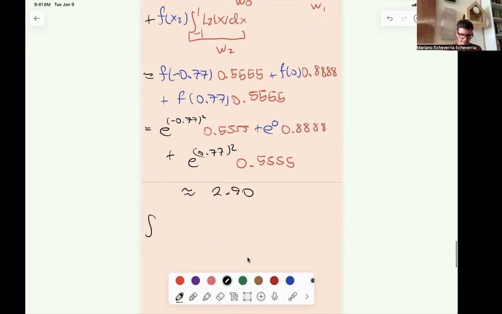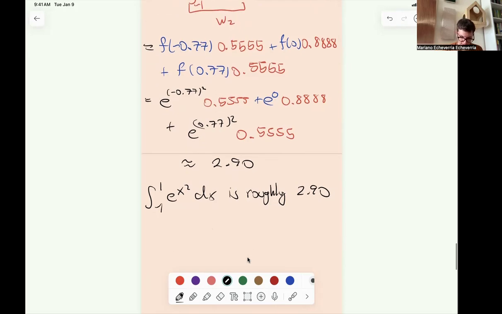So the integral from -1 to 1 of e to the x squared dx is roughly 2.90. Just for comparison with yesterday, because yesterday we were doing it from 0 to 1, the integral from 0 to 1 of e to the x squared dx is, because the integrand is even, just half of this one. So according to this method it would be roughly 1.45.